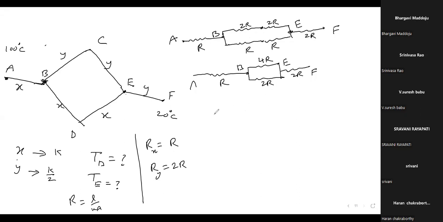Now the effective resistance becomes 2R into 4R by 4R plus 2R. Then it becomes 4R by 3.